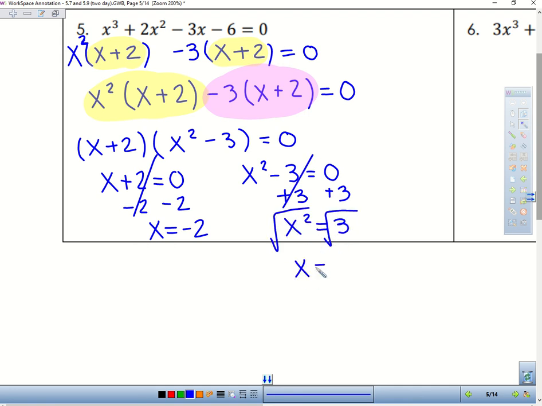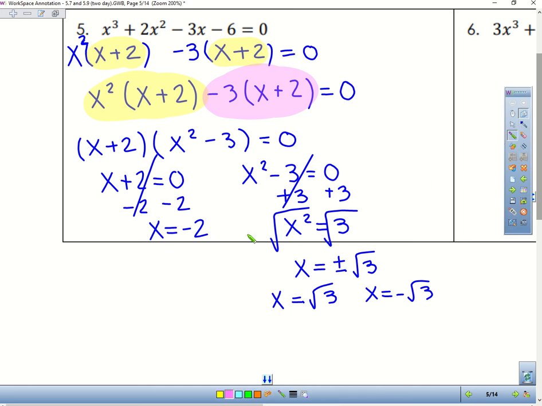Square root, x equals plus or minus radical 3, which means we have two solutions. X equals radical 3 and x equals negative radical 3. So did we end up with 3 solutions? Yep. Are they all real? Yes. They're real, they're just some of them are irrational.